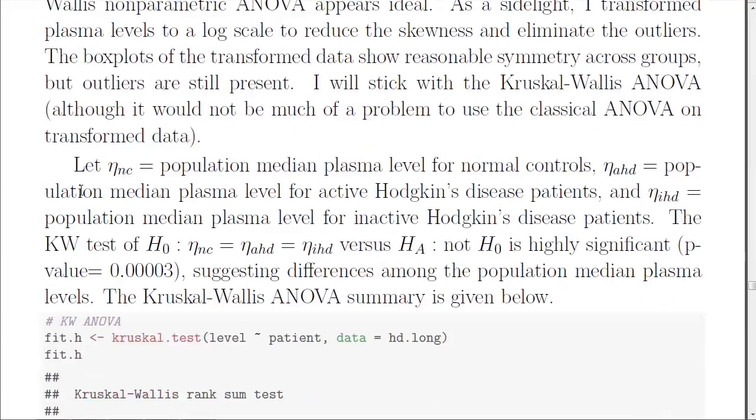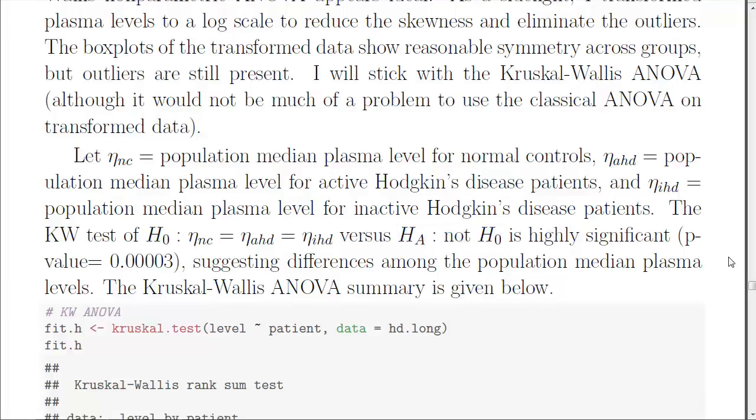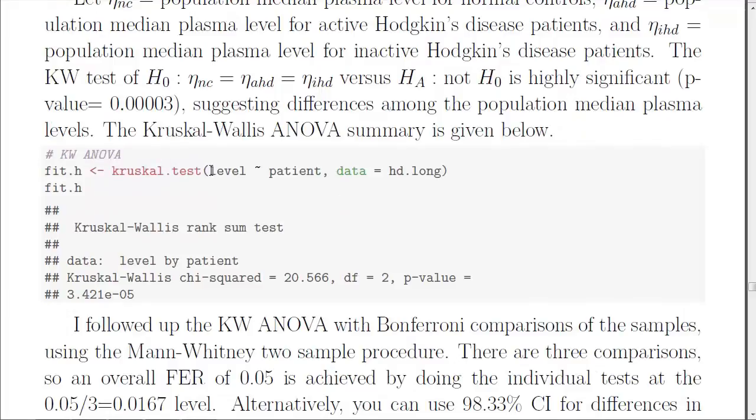So we can set up the hypotheses that eta is the median, and we've got the median of the normal controls, the active Hodgkin's, and the inactive Hodgkin's disease patients. We're asking whether the medians for those three groups are equal versus at least one pair is not equal. And the Kruskal-Wallis test indicates, in fact, by the p-value, that there's a difference between these three groups.